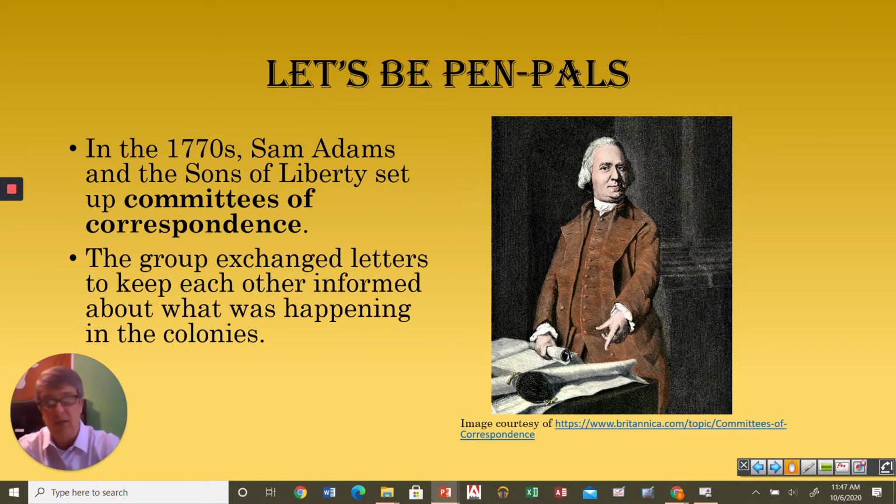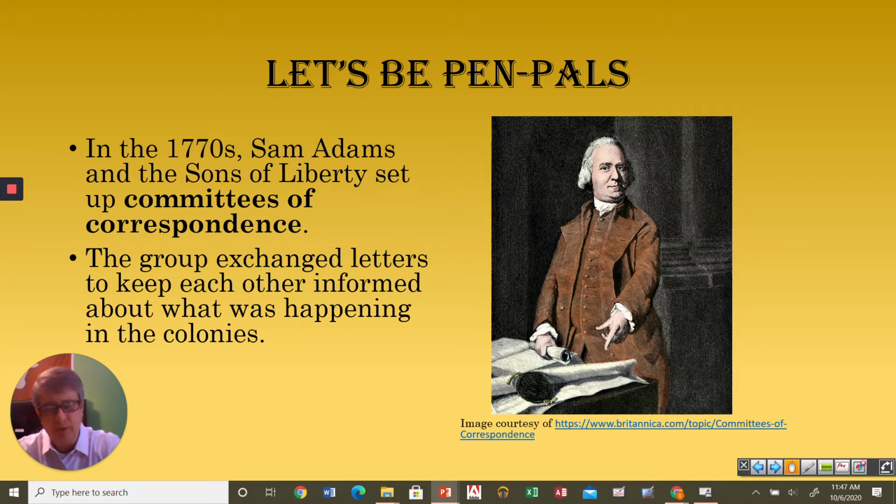You had to write a letter and then have someone deliver that letter, often days and days away. So it was a slow form of communication, but that's what they were doing to keep each other informed of what was happening far away, because usually people often weren't informed of what was happening in other places, or at least not up to the minute. You'd hear about it eventually in your newspaper or through letters like this.